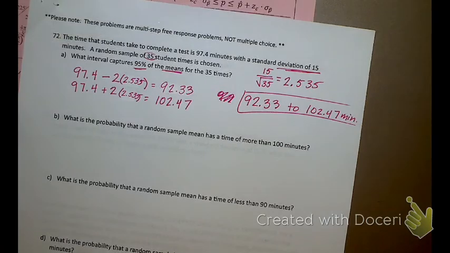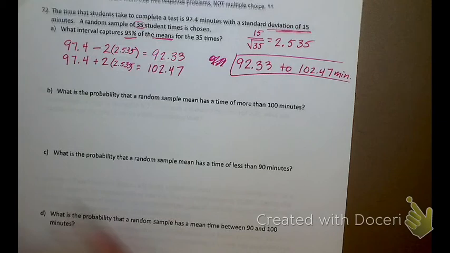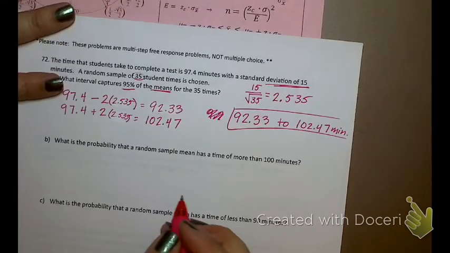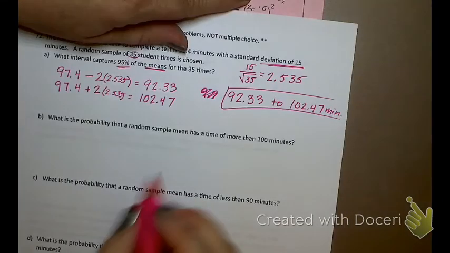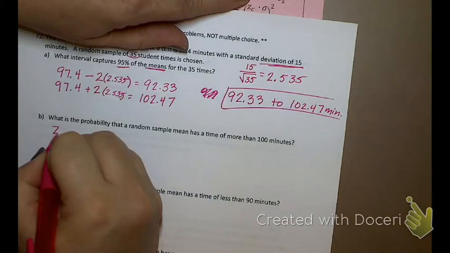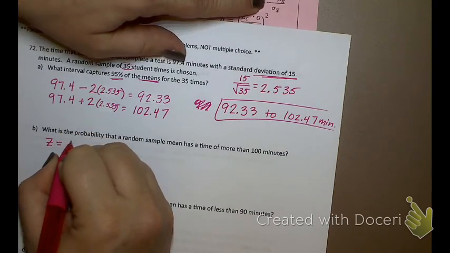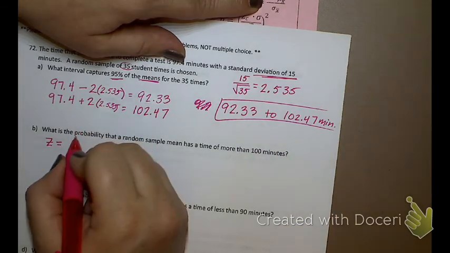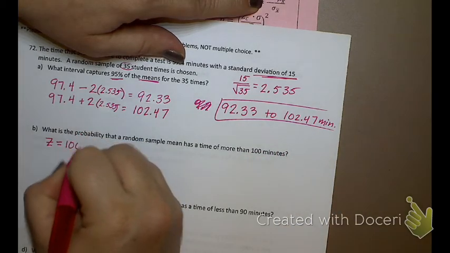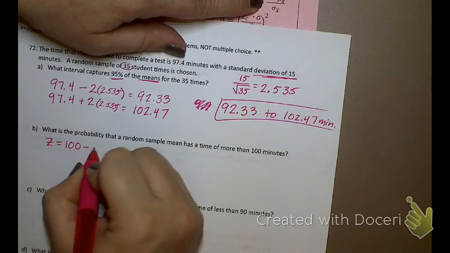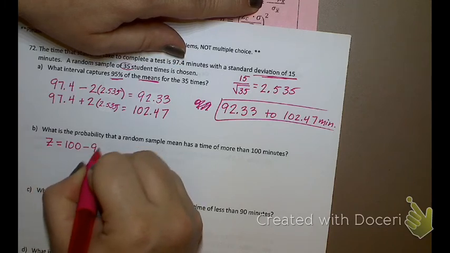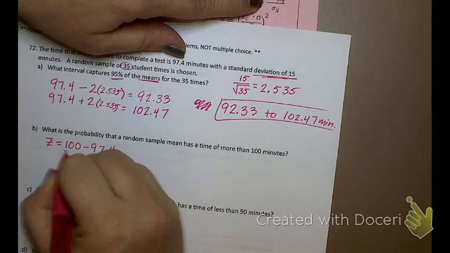All right. What is the probability that a random sample mean has a time of more than 100 minutes? Well, I'm going to need to find my z-score. So I'm going to use z equals the 100 minutes minus the mean of the whole thing, which is 97.4, divided by the standard deviation.